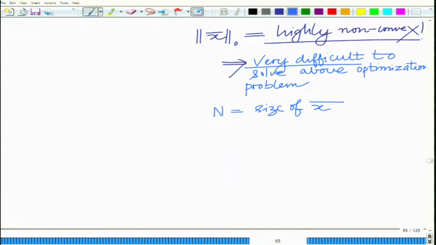You will have one equation and only one unknown, but the non-zero unknown can be in any of the n positions. So, you will have to solve n systems. Then similarly you can have two non-zero elements, which can be in any of the n locations, so you have n choose 2 such combinations, and you have to solve n choose 2 systems, and so on and so forth.